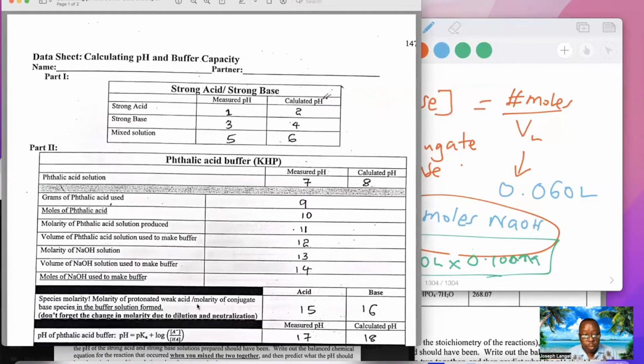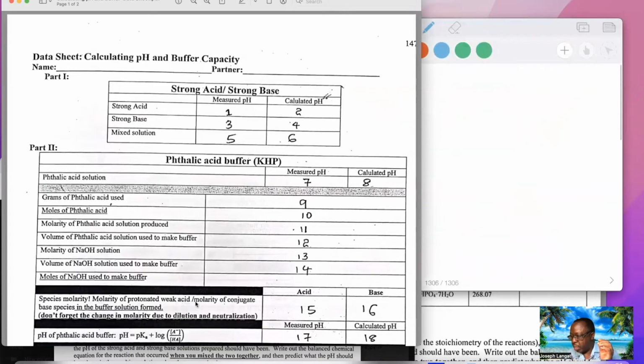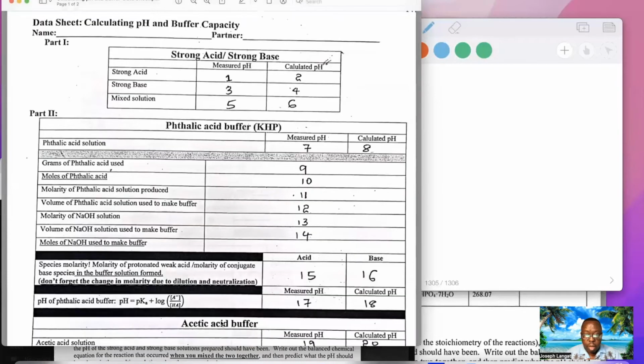At this point we have the PAVA solution. Take note of the volume change here. All right, molarity of the conjugate base. So with that, we now use the Henderson-Hasselbalch equation to find line 18.